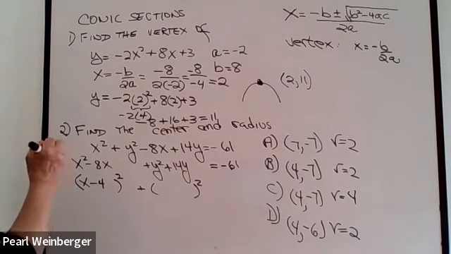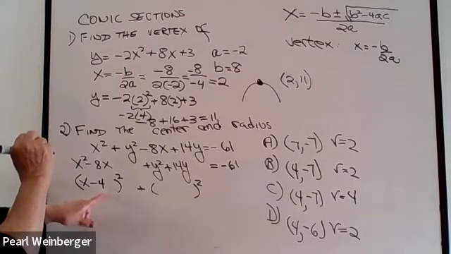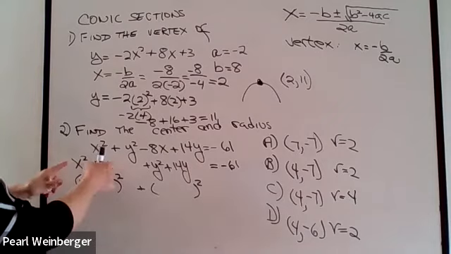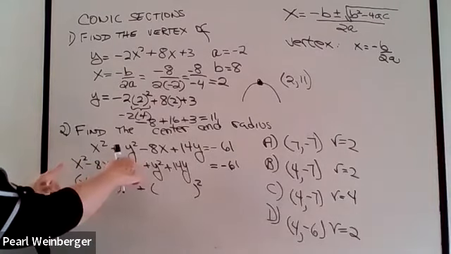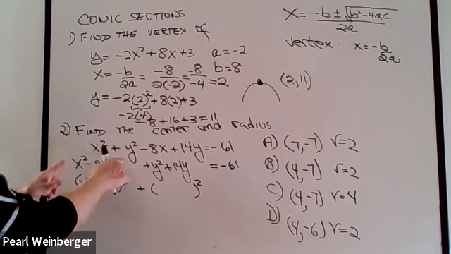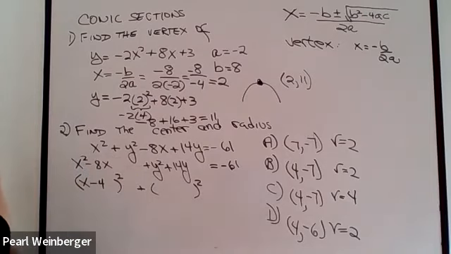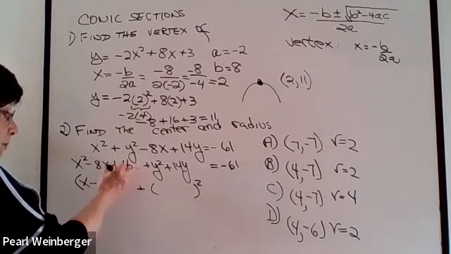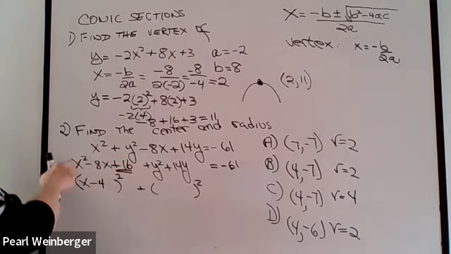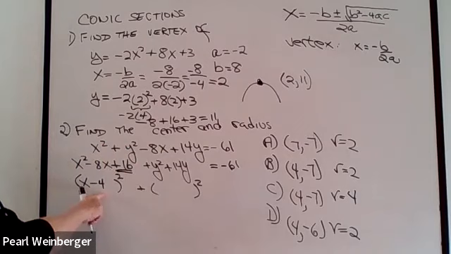And the number that we would have to add to make this trinomial into a binomial square is the missing last number, this number, negative 4 squared. Negative 4 times negative 4 gives me plus 16. I have to add plus 16. That will make this expression into x minus 4 squared.